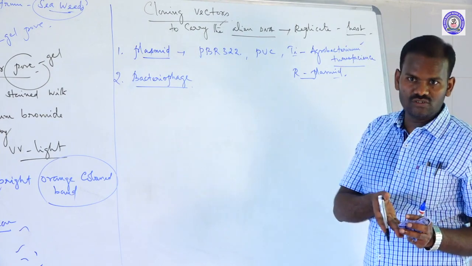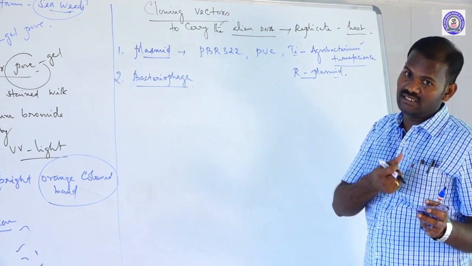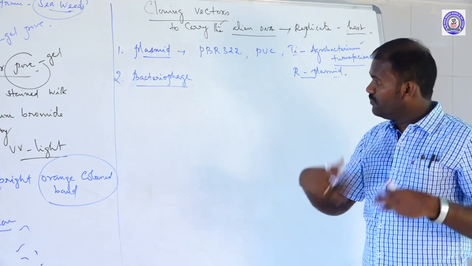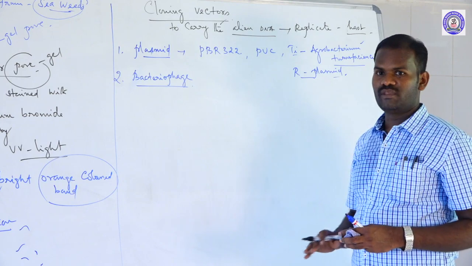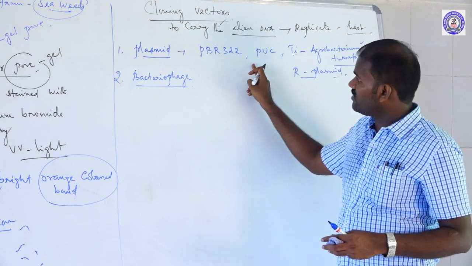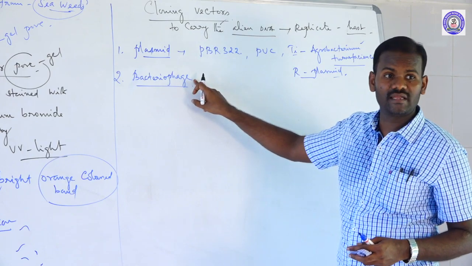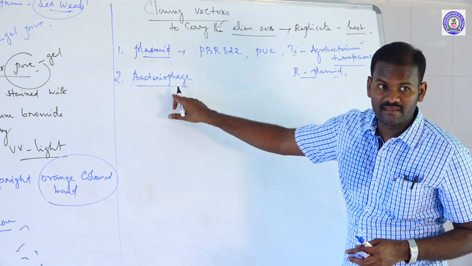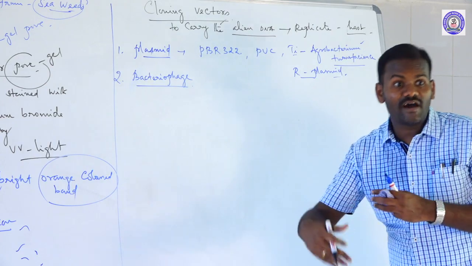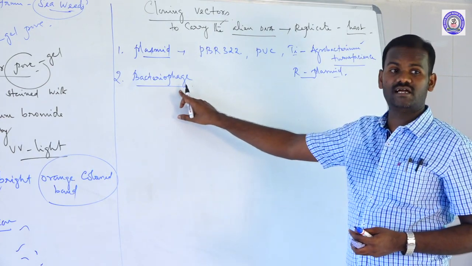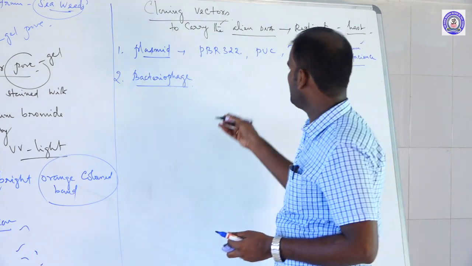If they enter host cells, for example bacteria, they use the host's protein synthesis machinery and multiply independently. If our foreign genes are introduced into this vector, they get multiplied along with it.